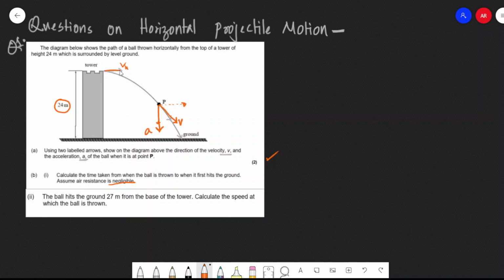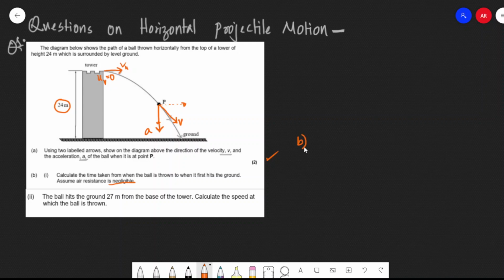The value is not known to us, but since it has been projected horizontally, it does not have any initial vertical component. So the initial vertical component is 0, and the height it travels vertically is 24 meters.